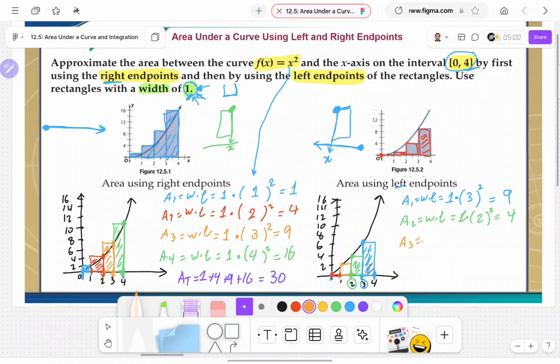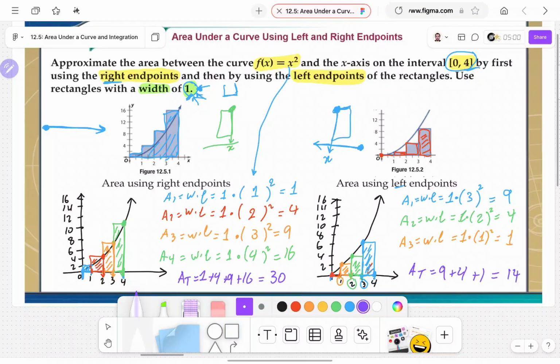Area number 3, the same thing, you go to this point here, go down. What's the point here? It is equal to 1. So width times length is equal to 1 times 1 squared, which is 1. Now let's add all the areas together. The total area is equal to 9 plus 4 plus 1, which is equal to 14.